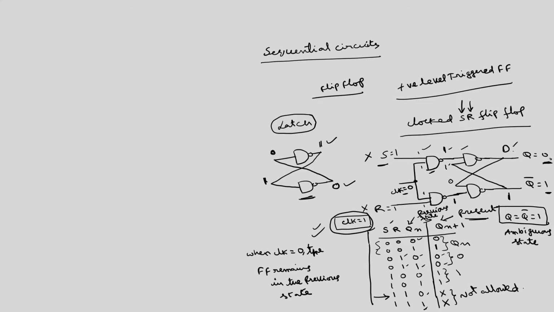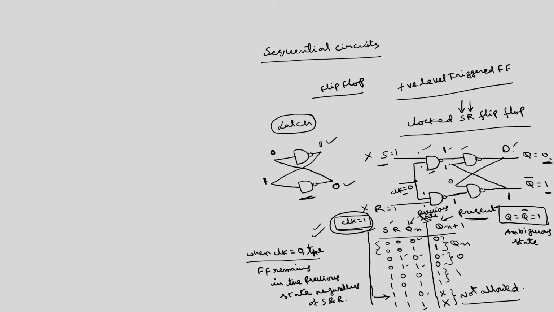Why? Because this table is valid only when clock is equal to 1. When clock is equal to 0, the flip flop simply remains in the previous state regardless of the inputs. But the drawback of this one is that 1 1 is not allowed. So, in order to avoid this difficulty with SR flip flop, we have another flip flop, JK flip flop.